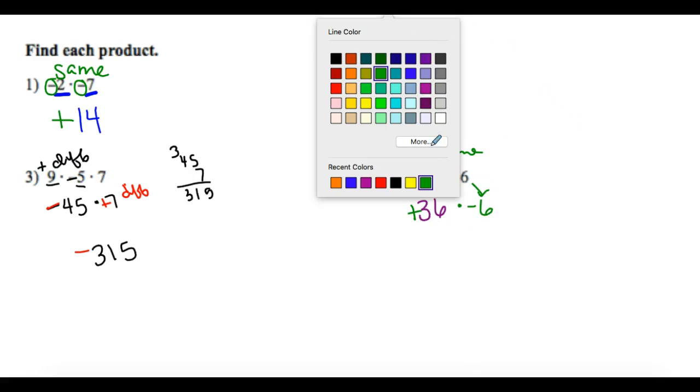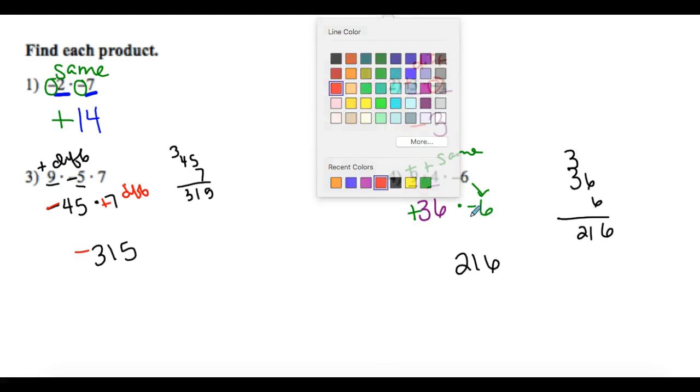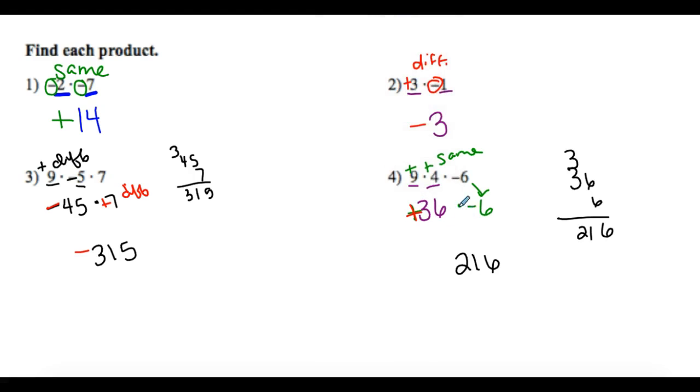So I'm going to take a side step here and do 36 times 6. 6 times 6 is 36, carry my 3. 3 times 6 is 18, plus 3 is 21. So I get 216. Then if I look at my signs here, I have a positive and a negative. Those are different, so my answer is negative.